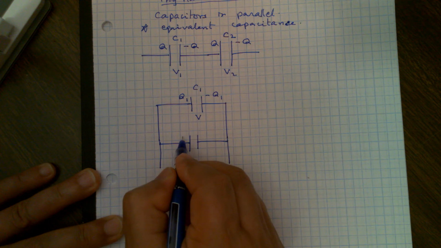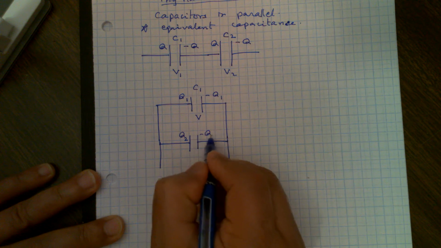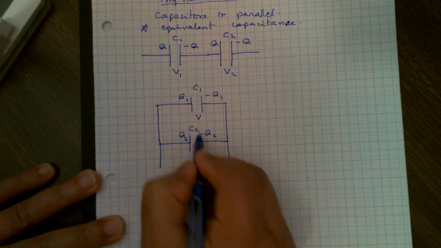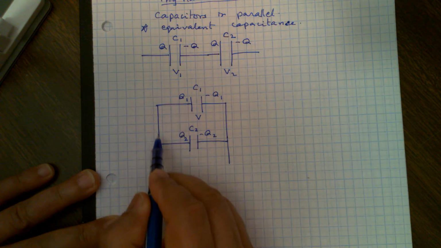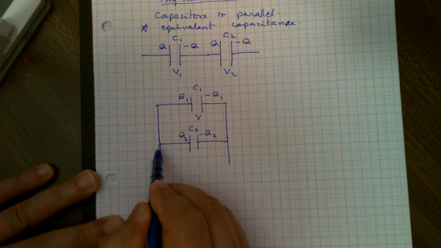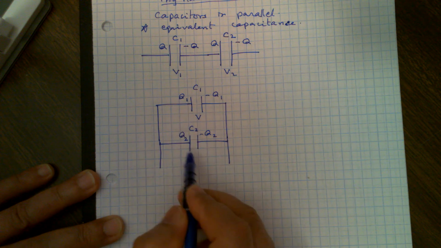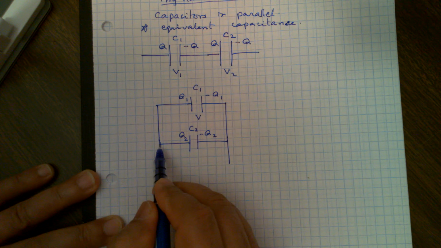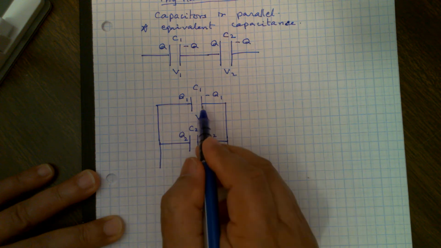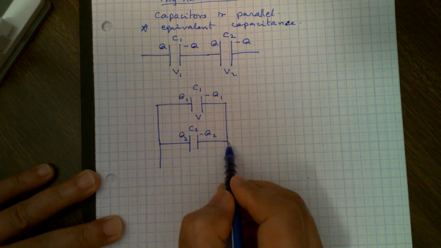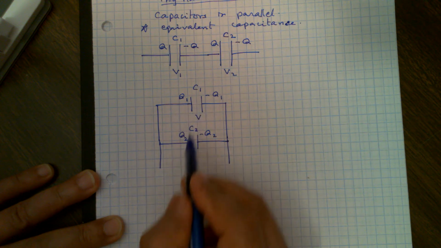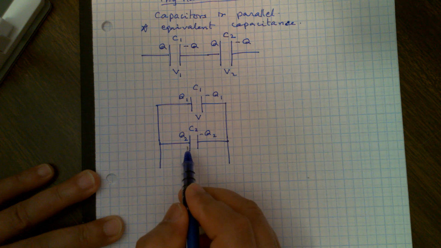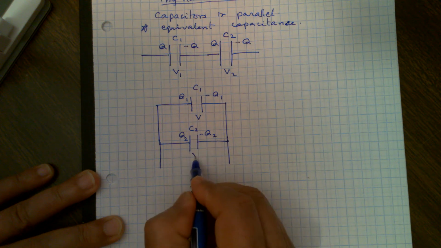And the charges on these plates will be Q2, negative Q2, and it will be C2. But this wire, if you follow the wire here, it's the same point here, right? So this point and this point, they meet here, and they have the same potential. Similarly for this point and this point, so the potential difference between these two plates is the same as the potential difference between these two plates. So it will also be V.